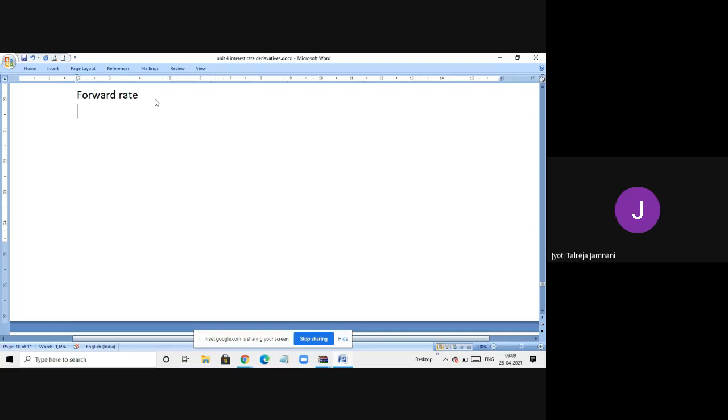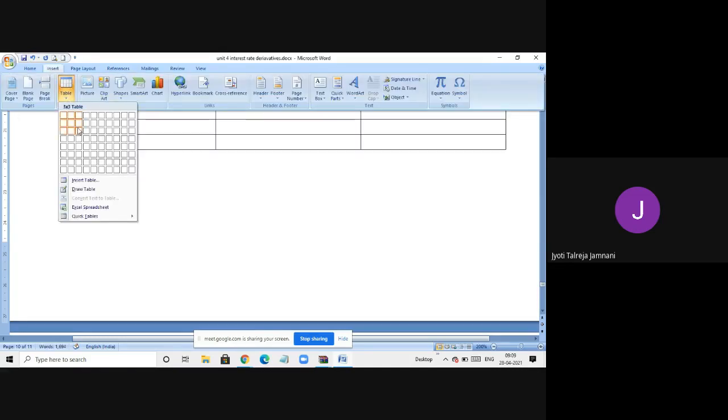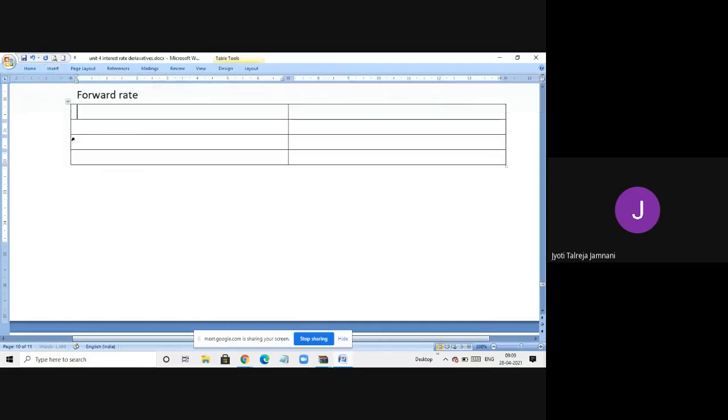Okay, in the question they used to give us the table for forward rate. Here we have found the rates, so we'll create the table. Just put it in table form. Maturity, and then we'll take the zero rates.